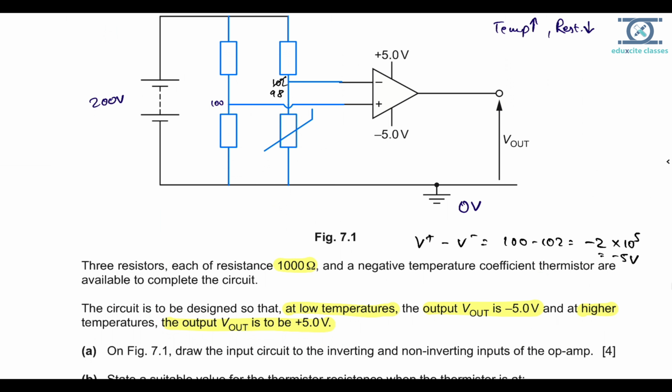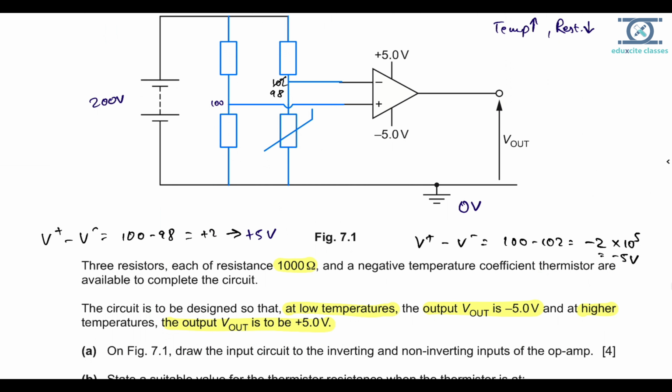Now V plus minus V minus is 100 minus 98, which will be plus 2, and we get the positive saturation limit, that is V out as plus 5 volt. Is it clear? So it satisfies this condition. This is the correct circuit diagram.